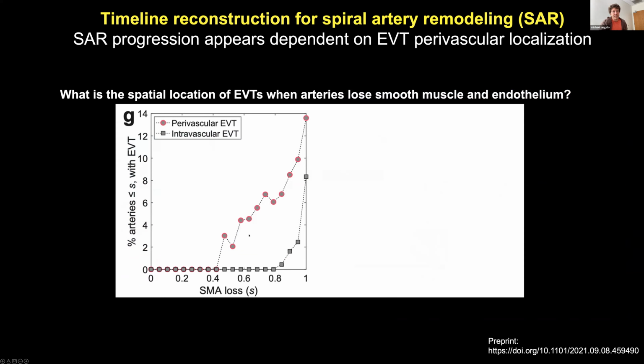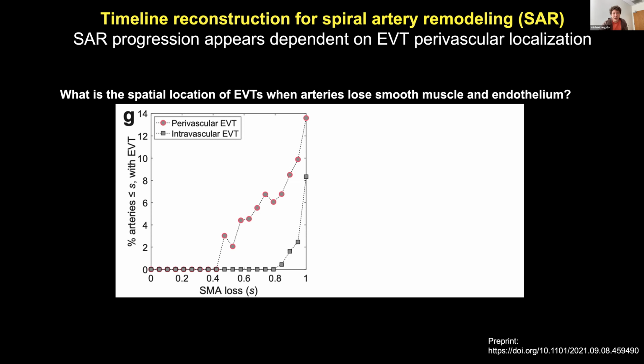And so the first thing that suggests that is if we look at which arteries have EVTs around them perivascularly versus inside of them, or intravascular, as a function of how much smooth muscle has been lost from those arteries, we see that you almost always have perivascular EVTs before you get intravascular EVTs. So they seem to be appearing on the scene when about a half of the smooth muscle has been lost, and we don't see the intravascular EVTs starting to go up until perivascular EVTs have already been there.